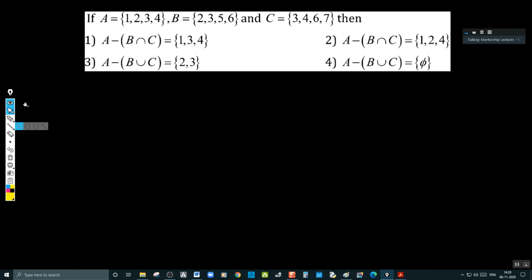So you have to find out B intersection C here. What is B intersection C? What are the common elements of B and C?